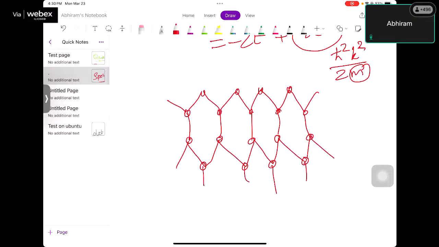So this is the honeycomb lattice. Now you see in this honeycomb lattice, there are 2 kinds of atoms. One is in the shape of Y, that I call A, and the other is in the shape of inverted Y, which I call B. So A sublattice and B sublattice, these two kinds of sublattices.